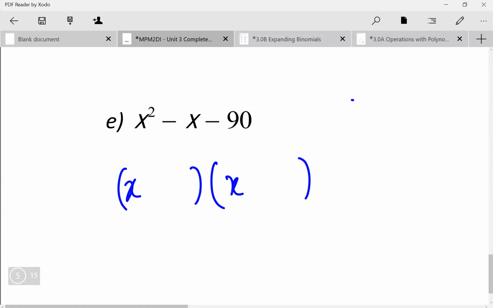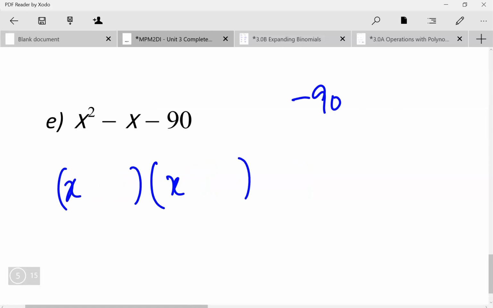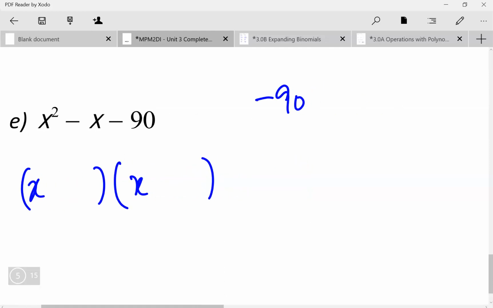It's a simple trinomial, x squared. Again, I need to multiply to give me negative 90. So I'm looking for something that subtracts to give me negative 1. Don't forget the invisible 1 there. I'm looking for something that subtracts to give me negative 1. And I say subtracts because I know the two numbers are going to have opposite signs. So technically, I will subtract the numbers to give me negative 1.